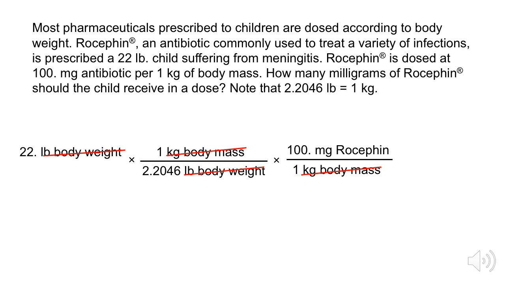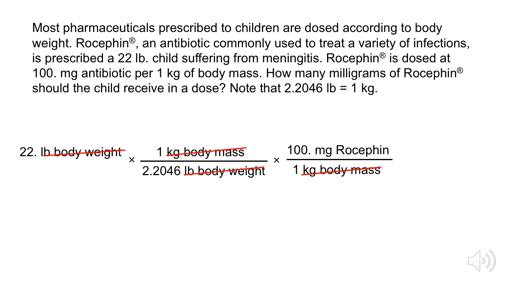So if you type this into your calculator, you're going to get something like 997 with some decimal after that as the number of milligrams of Rocephin. We need to determine the number of significant figures that your answer should be reported in. The body weight in pounds, or our starting point, is reported to 2 significant figures.